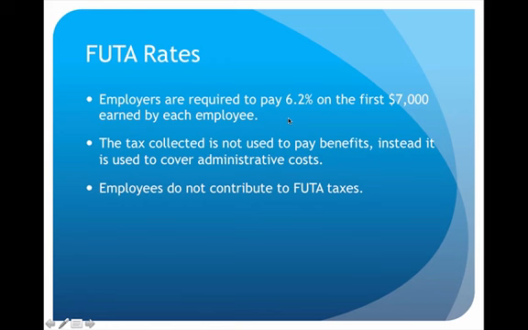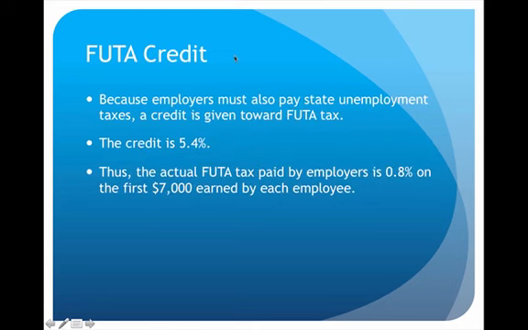Now, when you initially look at this 6.2%, what you have to realize is ultimately it's not going to be as bad as that, because there's another provision along with the FUTA rate that has to do with a credit. Now the FUTA credit is given to all employers, and the reason that we're given this is because in addition to the federal unemployment, we also have to pay state unemployment.